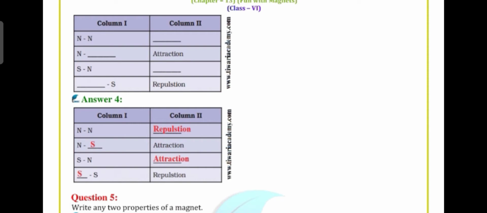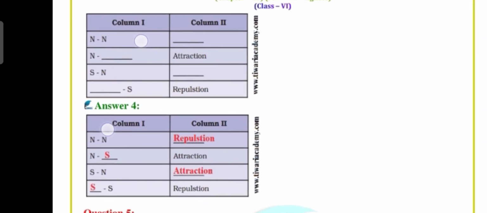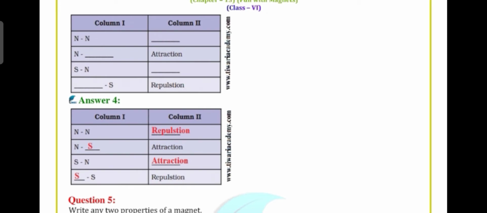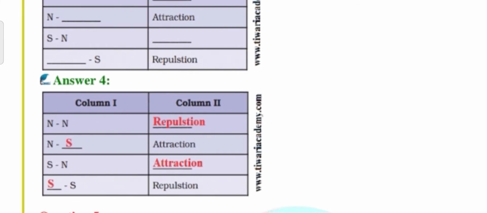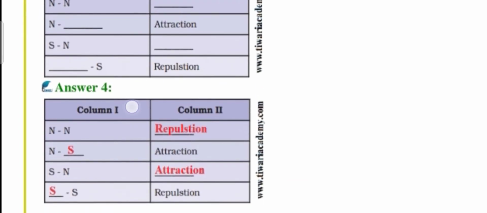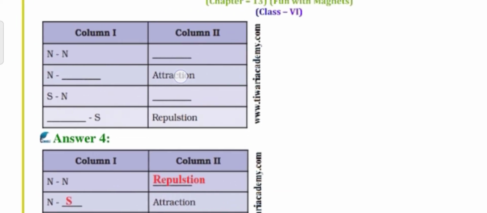Look here. First, two magnets are placed with north and north facing. What happens? It is similar poles. North and north are similar poles, so repulsion takes place. Then it has been given that attraction should take place.